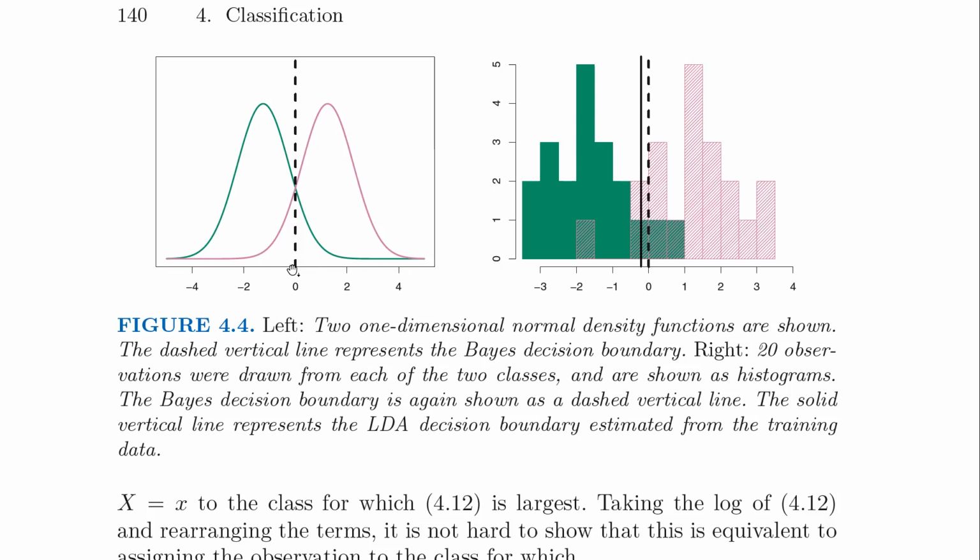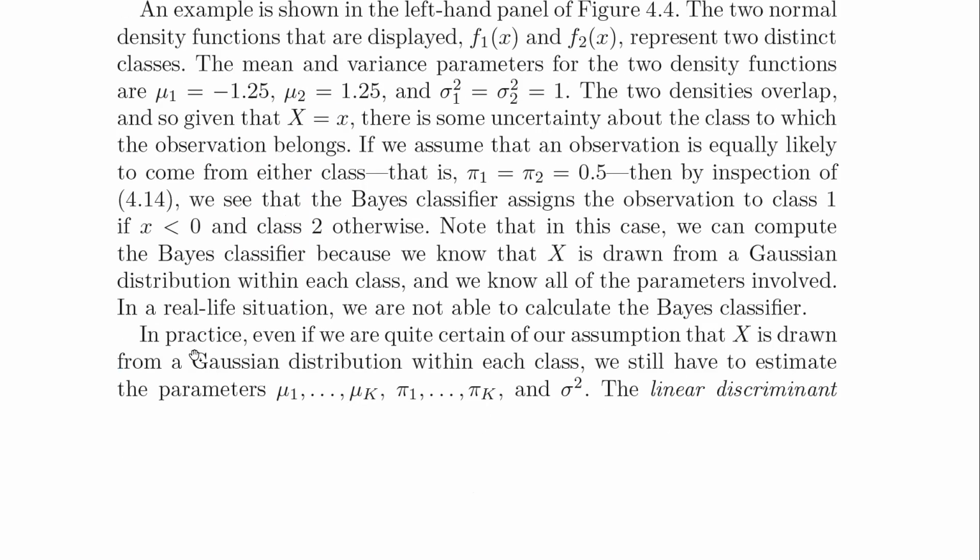So you'd classify anyone shorter than 0 as class 1, anything taller than 0 as class 2. In practice, even if we are quite certain of our assumption that x is drawn from a Gaussian distribution within each class, we still have to estimate the parameters mu's, pi's, and sigma squared.